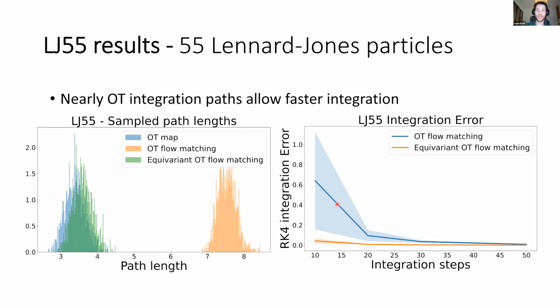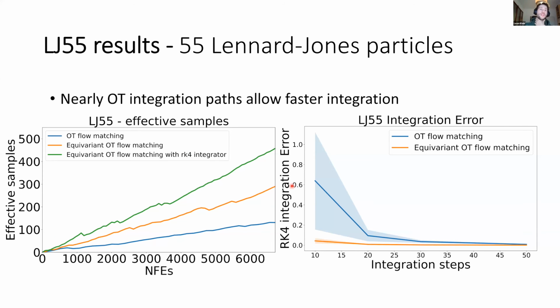So for sampling, for the Lennard-Jones system with 55 particles, we can use this Runge-Kutta integrator instead. And then what we're interested in are effective samples we're generating with the Boltzmann generator. And we show them here dependent on the number of function evaluations. The function evaluations are simply the evaluations of the vector field.